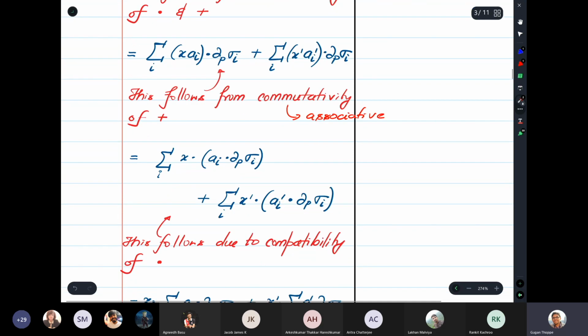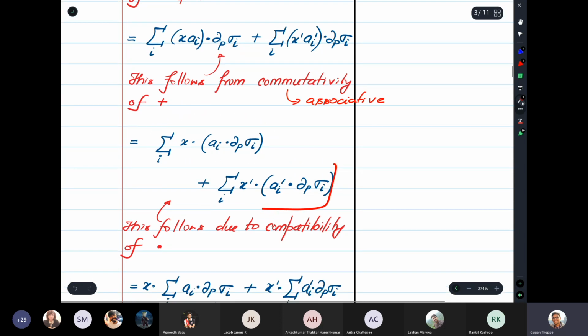And then let's focus on these individual sums. You can write these individual sums in this fashion. Let me elaborate what this is. This is your x dot a_i dot delta p of sigma i. How is this different to this? Well, here you first multiply x and a_i, and whatever is the output, you multiply it with delta p of sigma i.